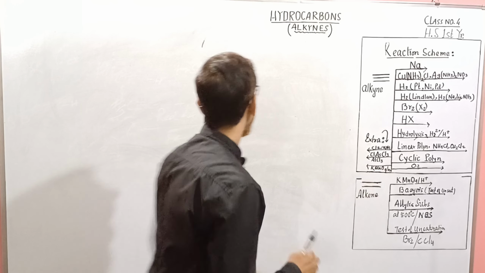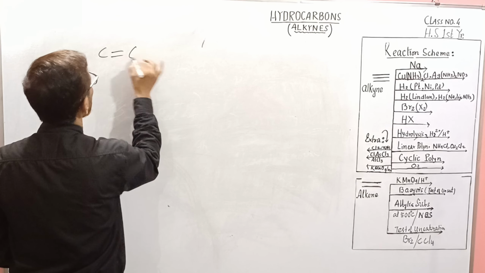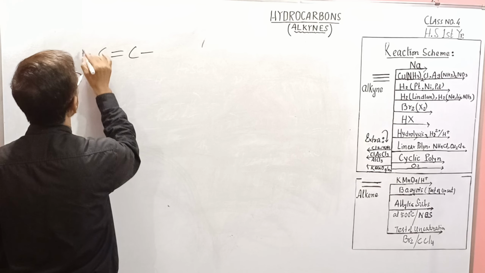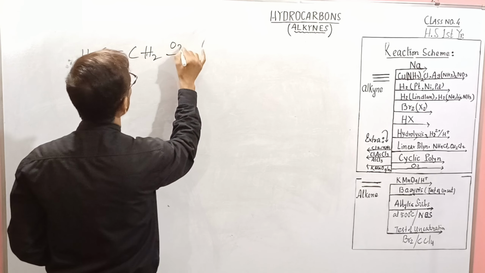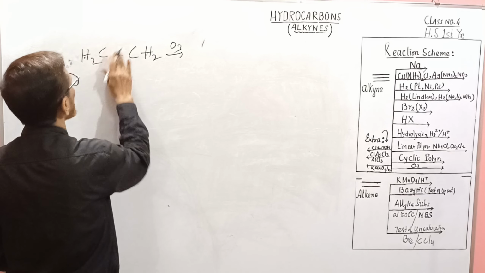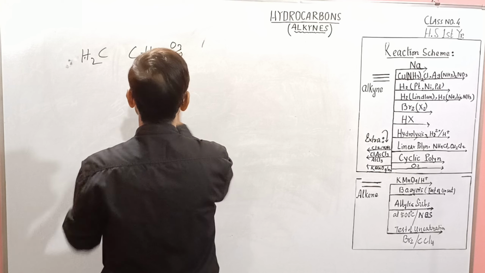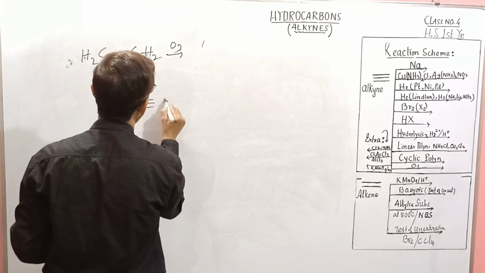Next one is ozone. Earlier you have seen that when a double bond is there and we react it with ozone, we omit that double bond in writing the ozonide. Since there is a triple bond, what happens here?